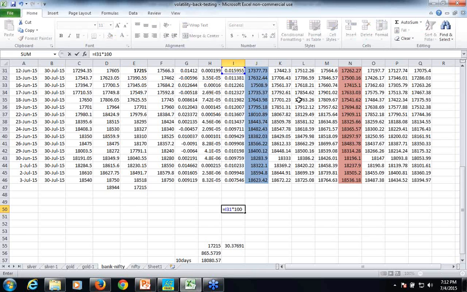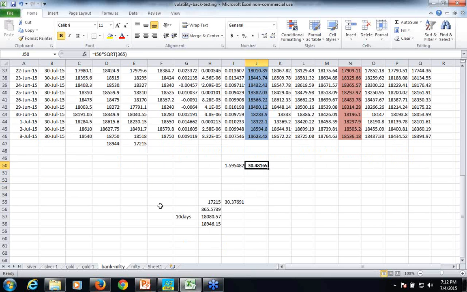So on the daily basis, the volatility was working out to 1.59. On an annual basis, how much will it come? If I take 1.59 multiplied by the square root of 365, we get some 30 point something as volatility.